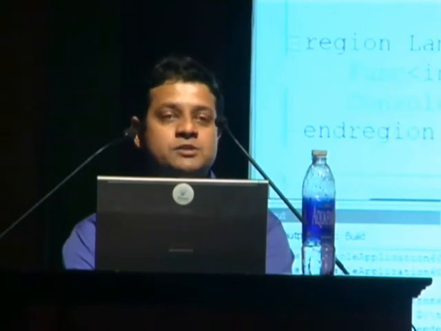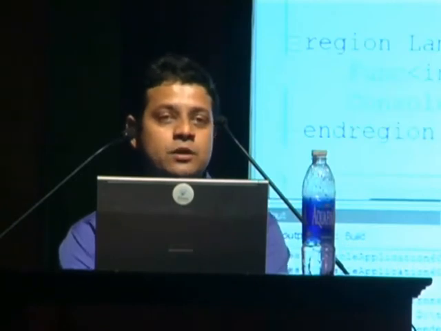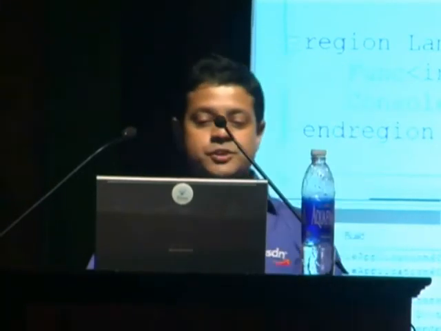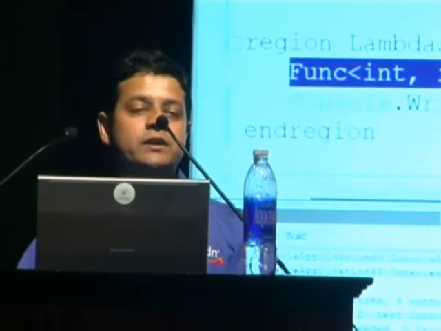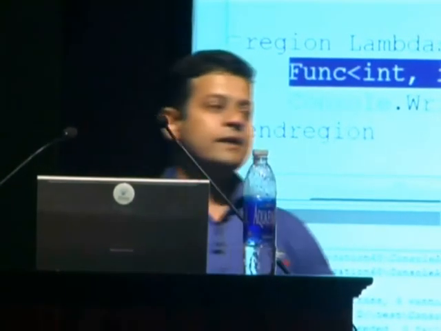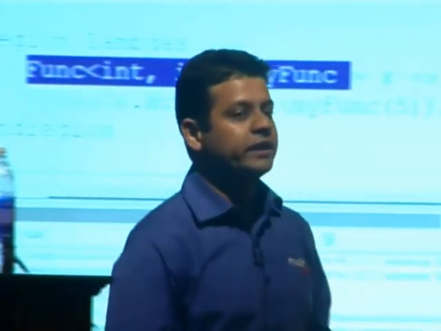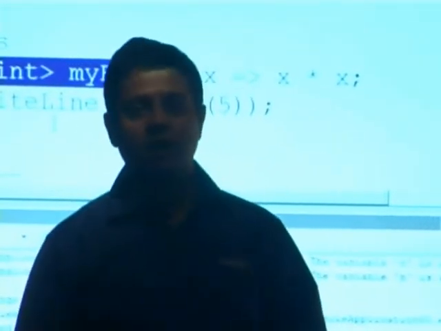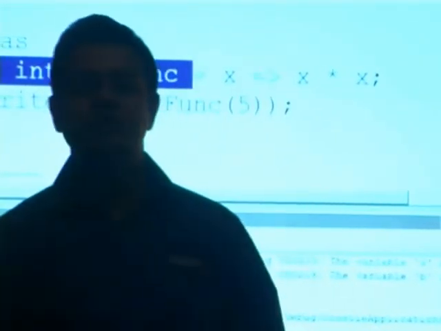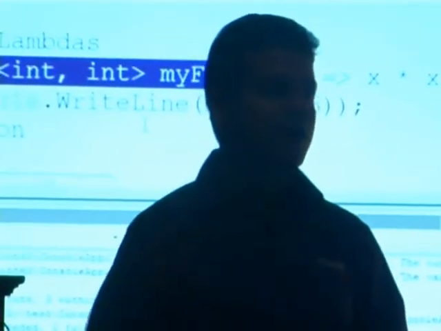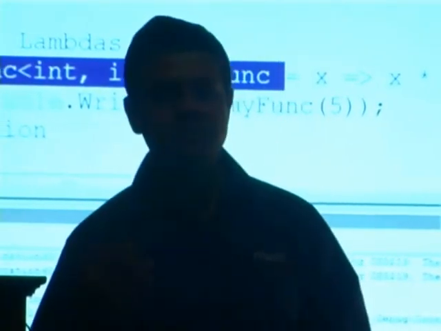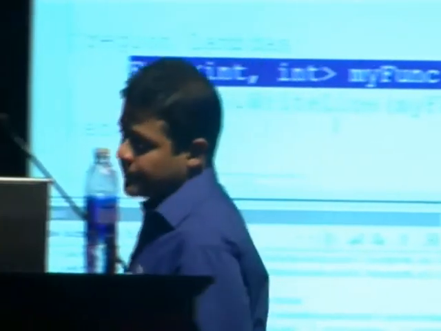And now I have equated this particular function to a lambda expression. What is this Func? This is known as a generic delegate. It is an encapsulation over the delegate functionality which allows you to create generic delegates and assign a lambda expression to any of these delegates at runtime.